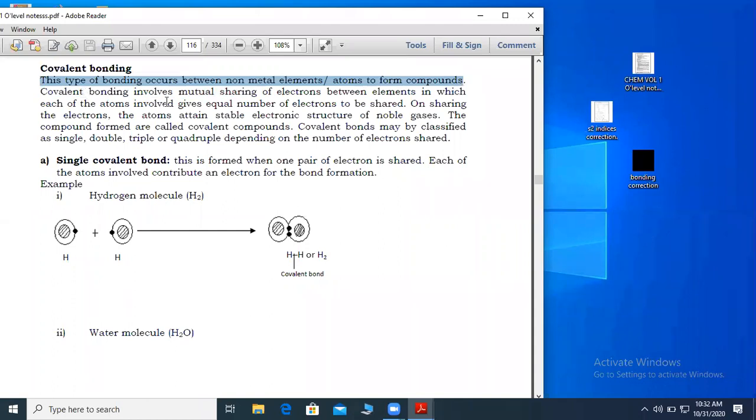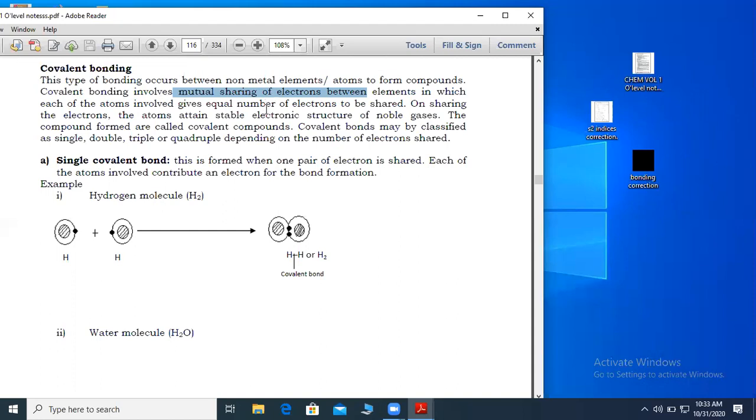Covalent bonding involves mutual sharing of electrons. So in covalent bonding, there is no transfer of electrons, but there is sharing of electrons between the elements, and the elements are usually non-metals.